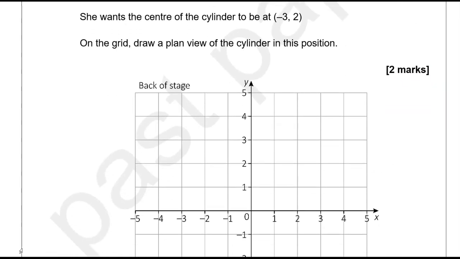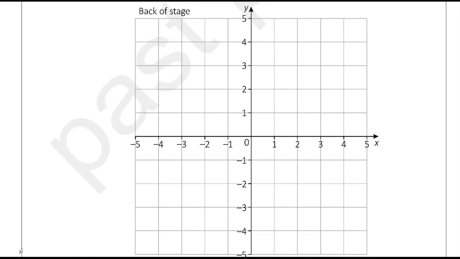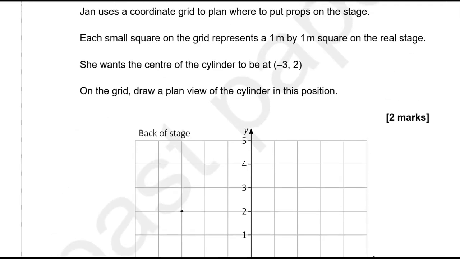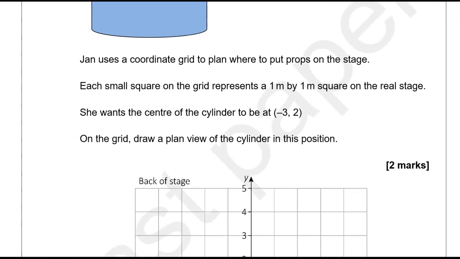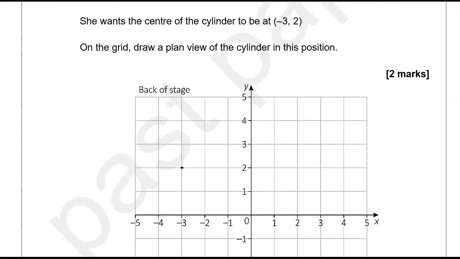So the center of it is going to be at -3,2. So that is going to be here. And the radius we said was 1.5 meters. So there is 1 meter now. This is 1.5. This is 1.5. This is 1.5. This is 1.5.